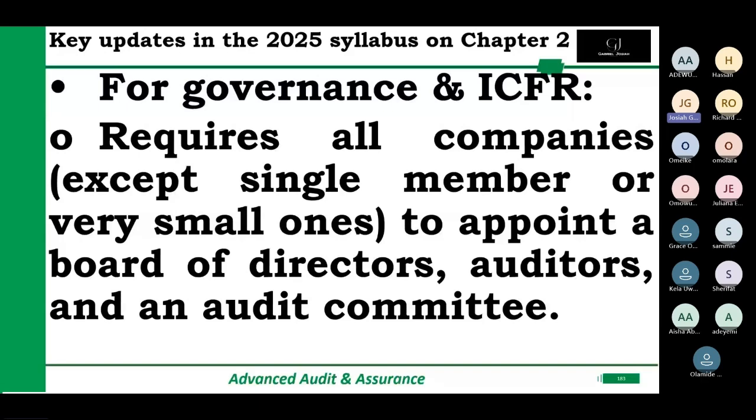So they are saying there are requirements for companies, except for small single-member companies, to appoint board of directors, auditors, and an audit committee. They found out a lot of companies are not adhering to some of these promulgations by CAMA. So a stressing and enforcement of this is ensured in this current dispensation and in the 2020 syllabus. Some companies don't even have committees. They just have a board, and they are public listed companies, public interest companies.